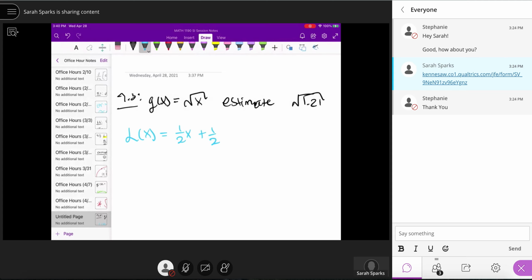So what you needed to do was just to plug in. I think on the practice exam how he worded this one, he asked you to find g of 4.1 or something.